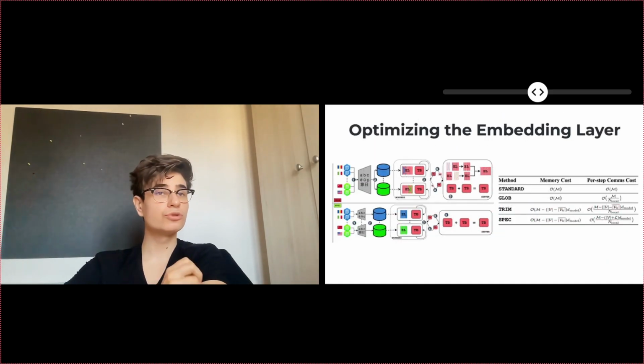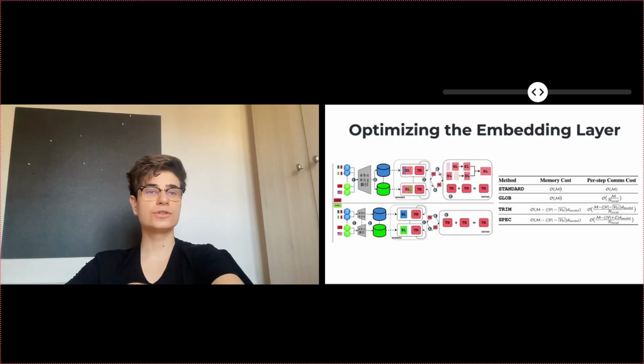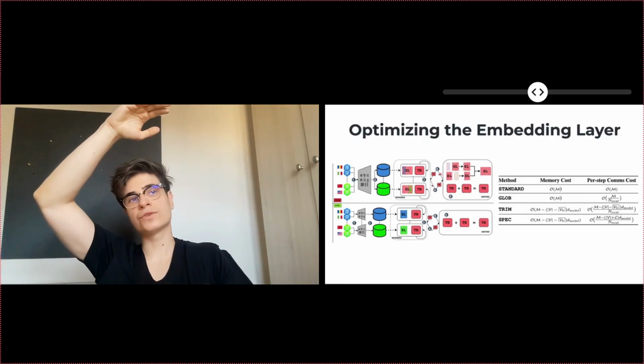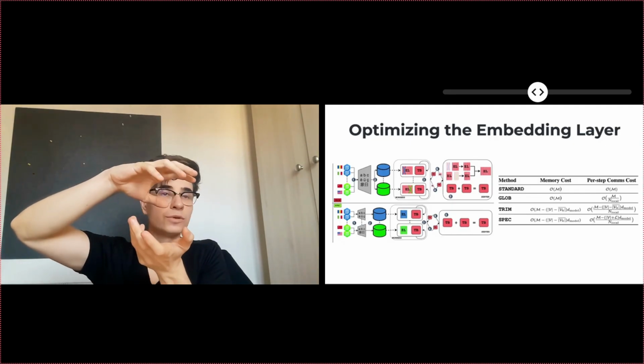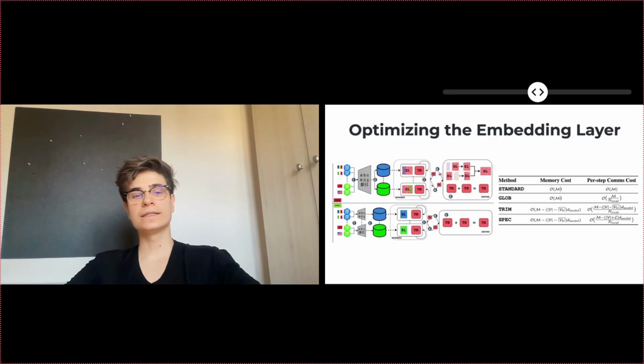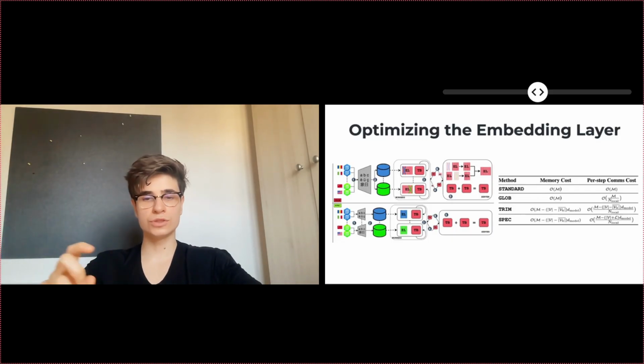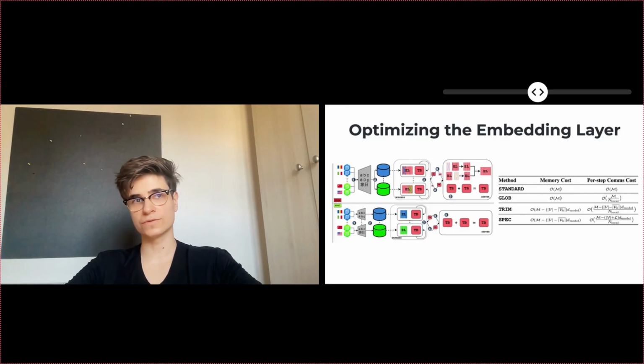The first is called TRIM, which is on the top, and it essentially takes the embedding matrix and reduces the vocabulary to the strictly necessary tokens for the given data source. And then this allows you to reduce the communication and memory costs of the model.